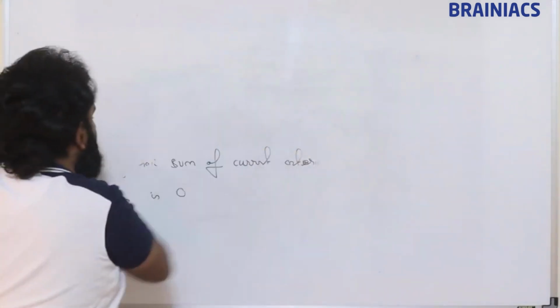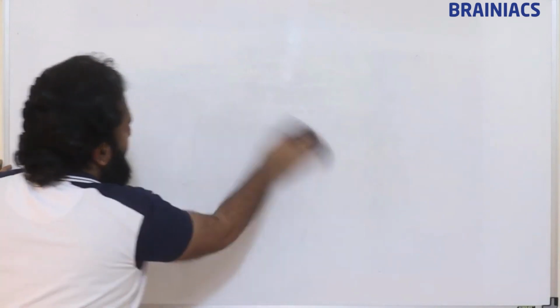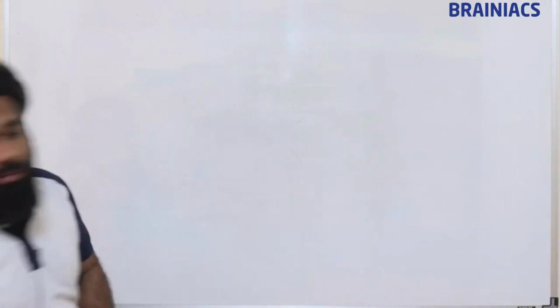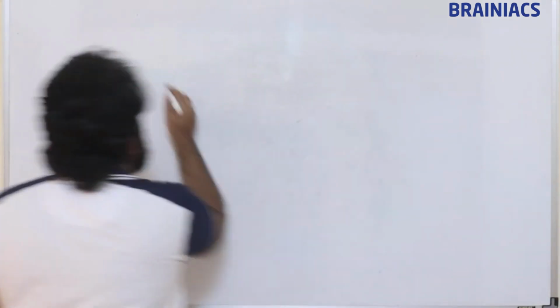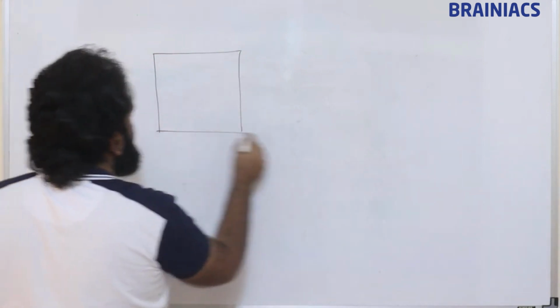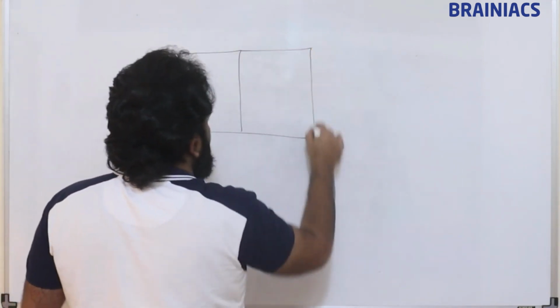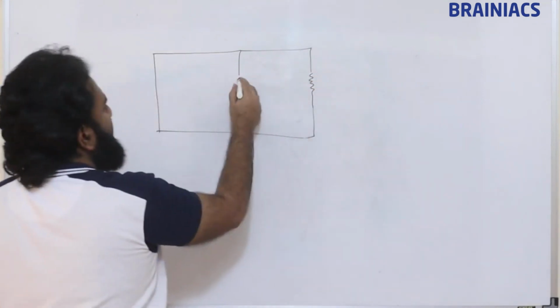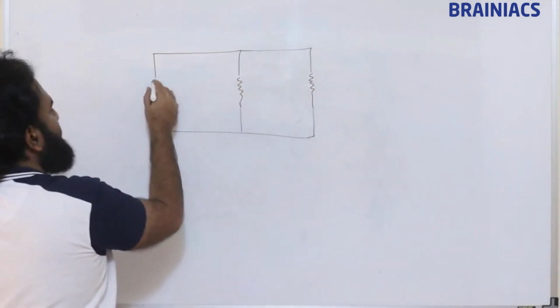So what is a junction? If there are 3 or more branches, then we can say that is a junction. Suppose this is a network, and we put some resistances here.